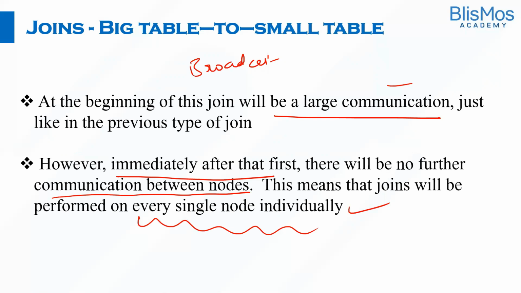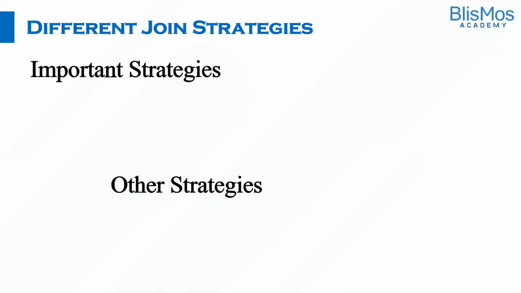So whenever there is a big table and a small table which can fit into the memory with enough breathing space, we can go for a broadcast join or broadcast communication strategy. Those are the two important strategies or communication modes in Spark.